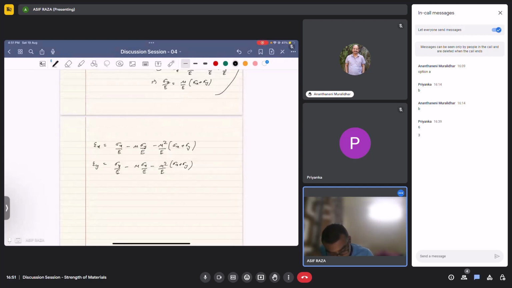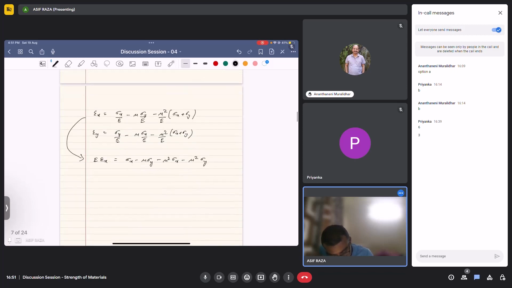Okay, let's see this. First let us take E epsilon x. This thing is sigma x minus mu sigma y minus mu square sigma x minus mu square sigma y, that is equal to 1 minus mu square sigma x minus, don't jump, let's see, mu plus mu square sigma y.